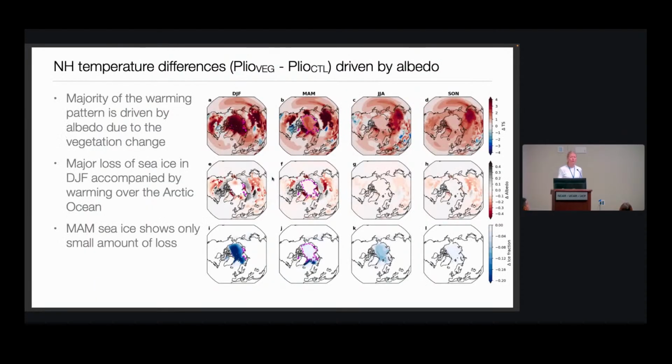So then I wanted to see where this temperature difference is coming from. On the top row, you see all the seasons and the temperature difference. In the middle row, you see the albedo, and the bottom row, you see the ice fraction, and there's a pink stippled line, and this is the 80%.